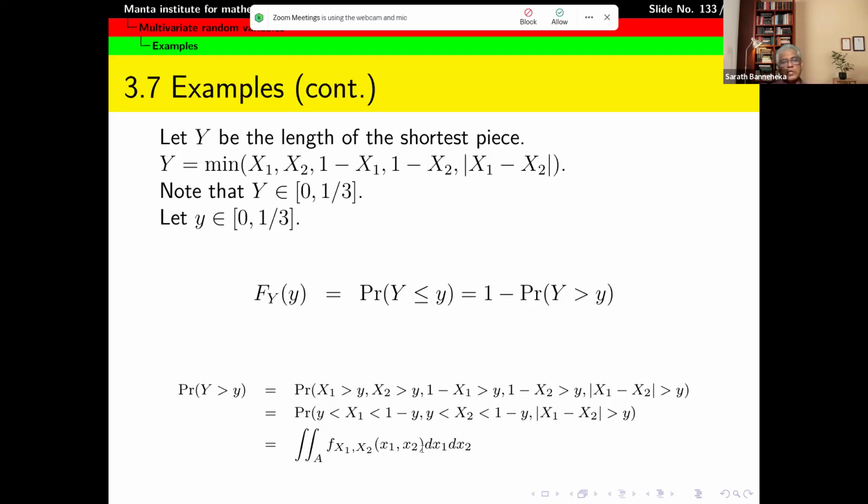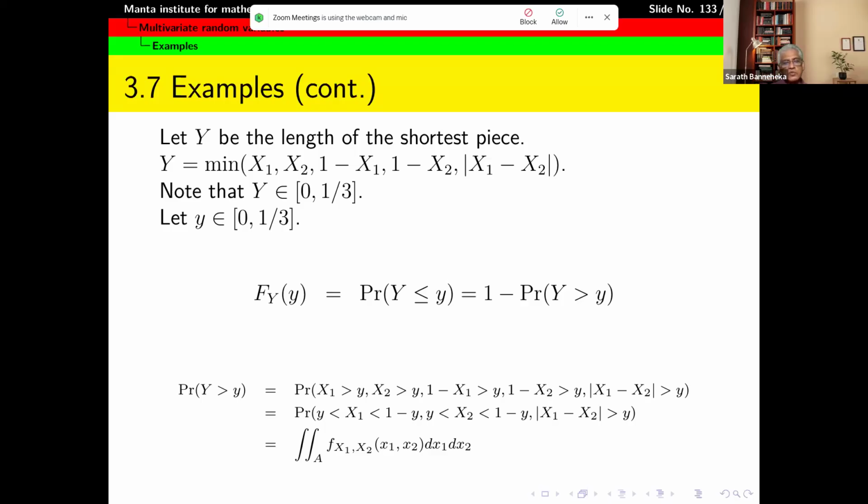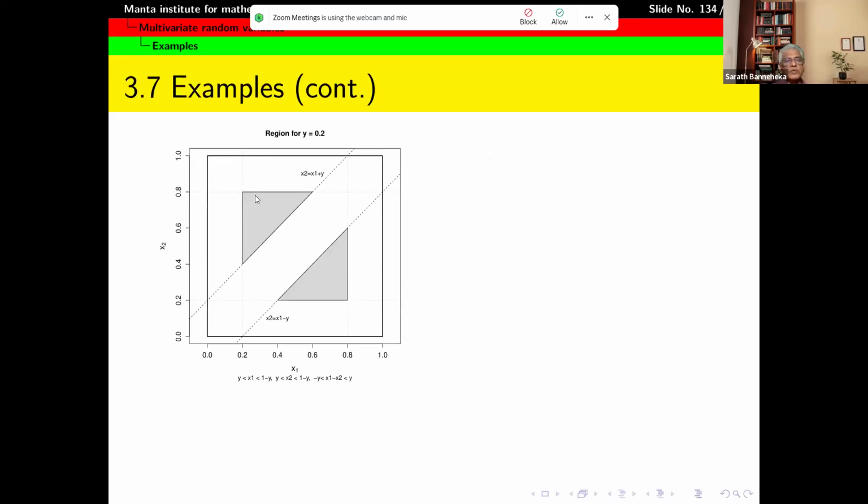So we have to integrate over that area. Here I have drawn that area as a diagram. In this case, the density is actually just one, so integrate one over this area and this area.